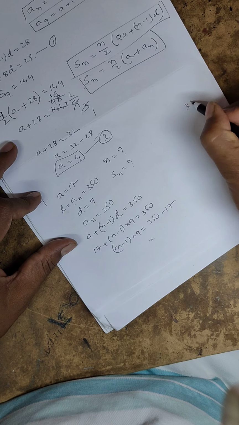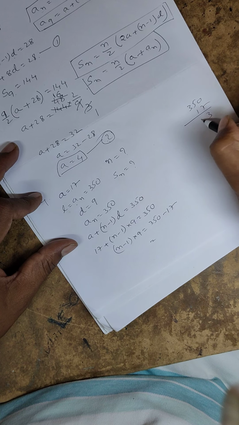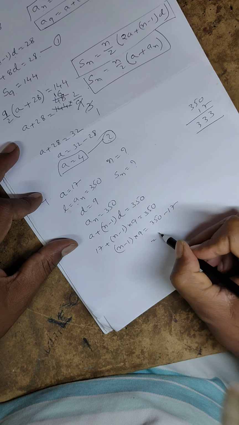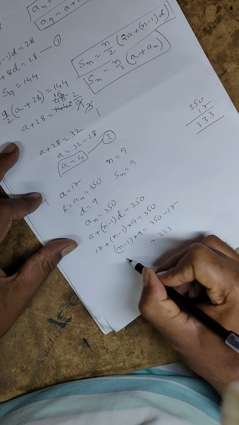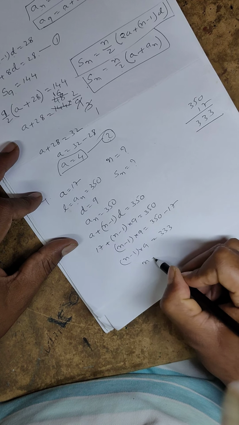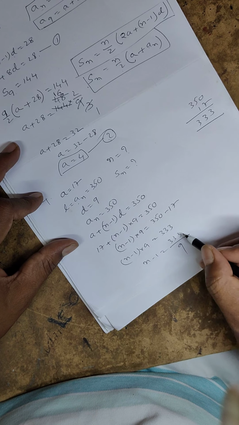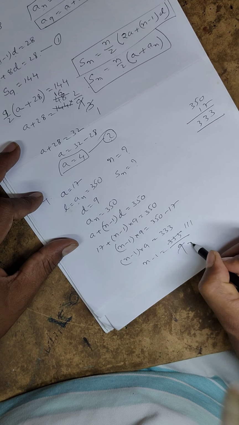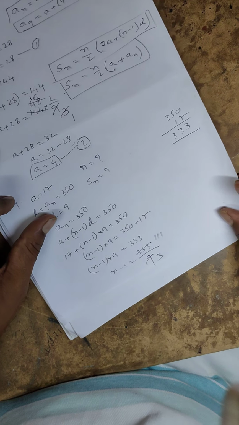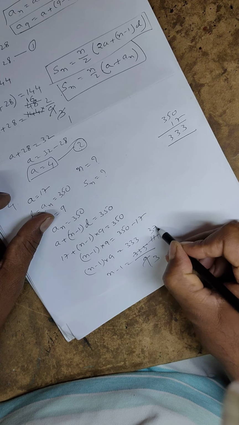From 350, if you subtract 17, 10 minus 7 is 3, 4 minus 1 is 3, 3. So you are getting 333. It is n minus 1 into 9, so this 9 you have to take to this side. n minus 1 is equal to 333 by 9. 333 will go in the 3 table, 9 also will go in the 3 table, again 111 also will go in the 3 table. 3 3s are 9, 27, 3 7s are 21.